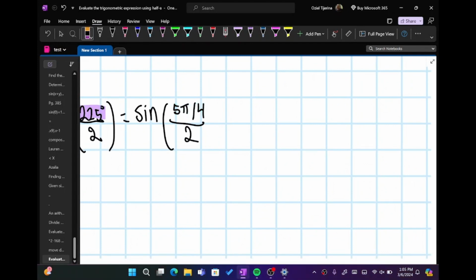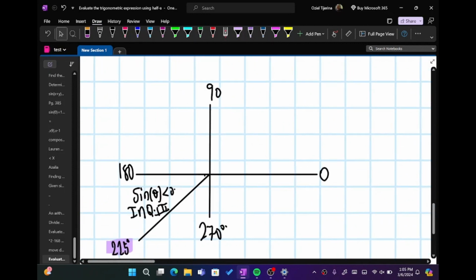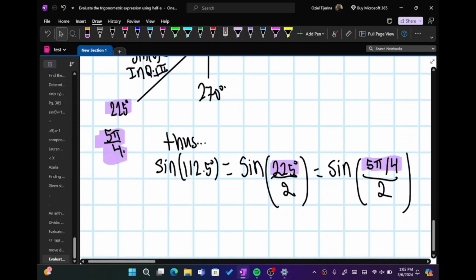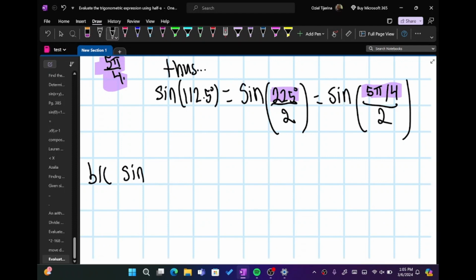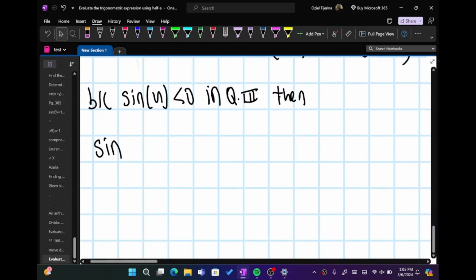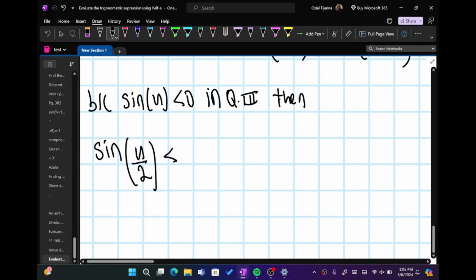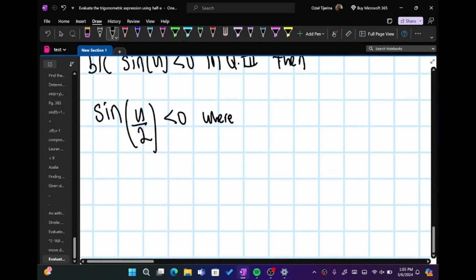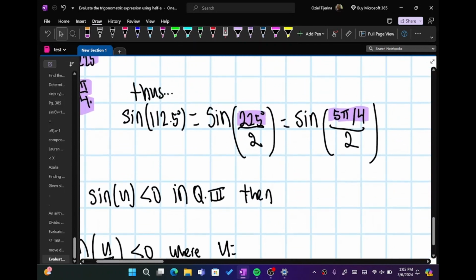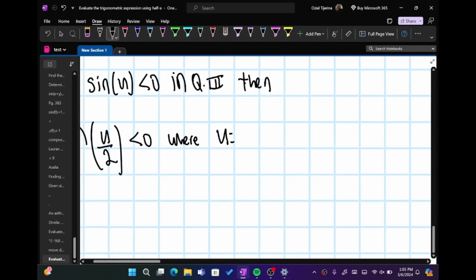Remember, because sine of u is less than 0 in quadrant 3, then sine of u over 2 has to be less than 0, where u is equal to 225 degrees.